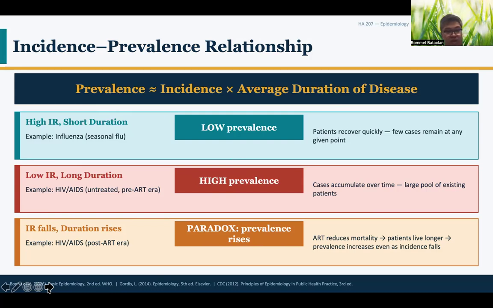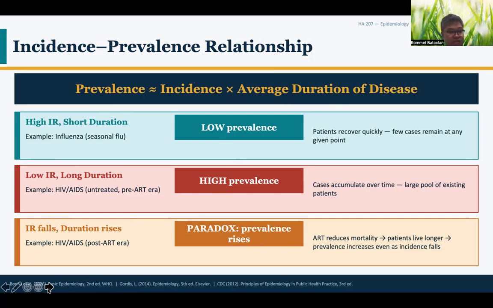The last would be the ART paradox. During the time that antiretroviral therapy became widely available, the incidence started to fall and there are fewer new infections. So it's decreasing. But what happened to the prevalence? It increased.